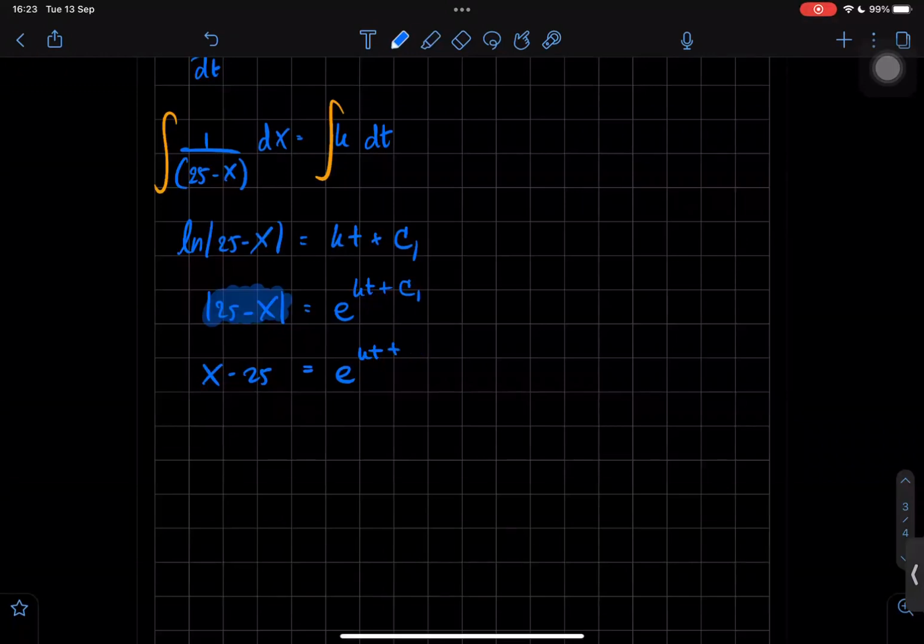Okay, or you can just write it like this: C1 e to the kt plus 25.